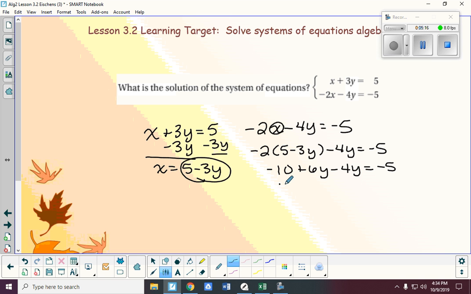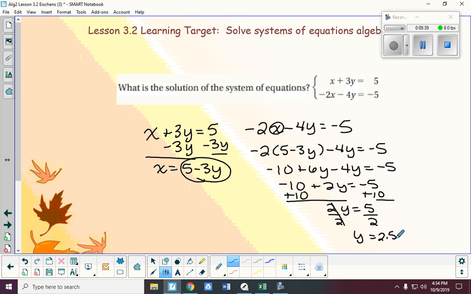At this point, we combine like terms and isolate the variable term, so we'll add 10. And divide by 2, so we're going to end up with a fraction, or we can write that as 2.5.